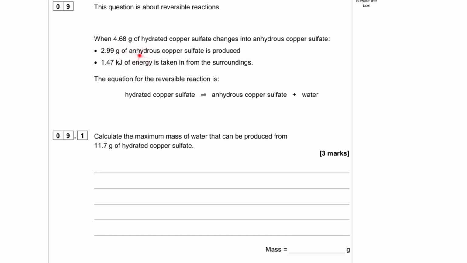Anhydrous means no water. So the difference between these will give you the water. The mass of water in 4.68 grams will be 4.68 minus 2.99, the mass of anhydrous, and that gives you 1.68 grams.